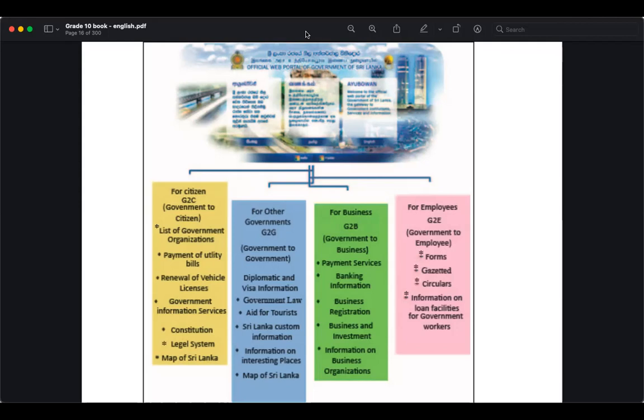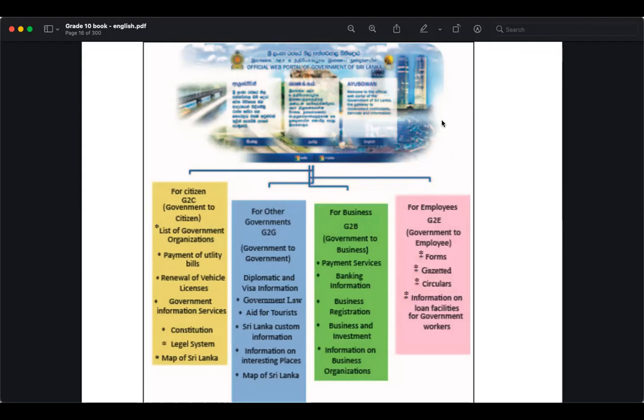That is government to consumer. Apply for a driving license, and paying electricity bills online, water bills online. Don't just write a service; you have to make it like an online appearance. Online appearance is needed. Then government to consumer, paying bills online, right? It is okay.